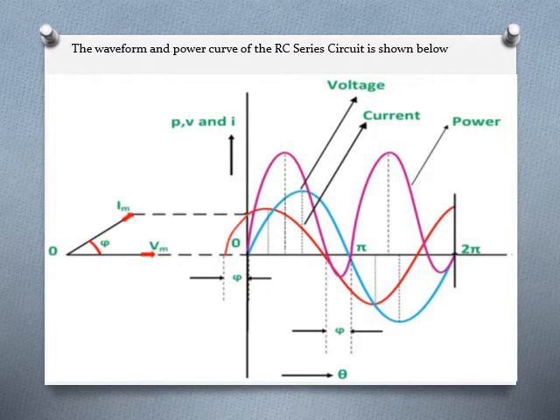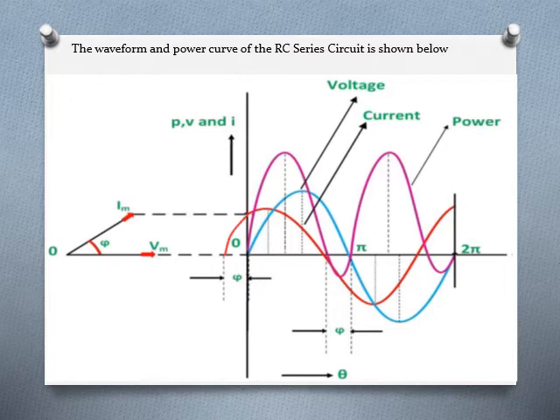Now let's see how the waveform of the power is drawn from the voltage and current waveforms. Here it is very clear, the current will be leading the voltage by an angle of phi. So the power waveform, since it is the product of the instantaneous values of voltage and current, for each of the time intervals you may multiply the voltage and current to get the power.